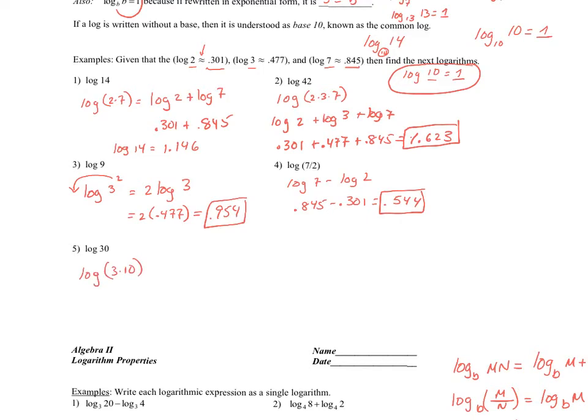Now I can use my log of a product property to break this up. This becomes the log of 3 plus the log of 10. And I'm going to plug in my given values. So 0.477 plus, we know the log of 10 is equal to 1. And so therefore the log of 30 is 1.477.